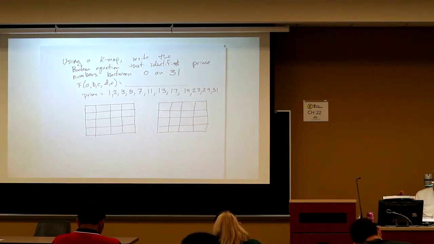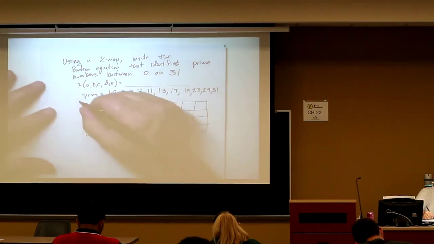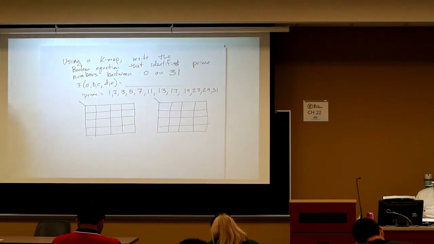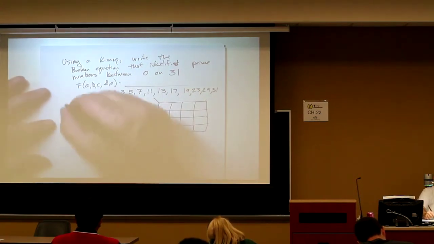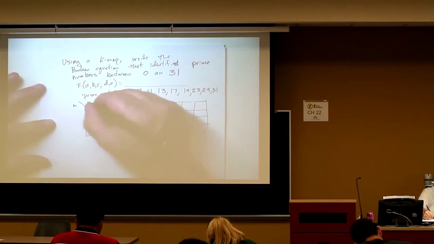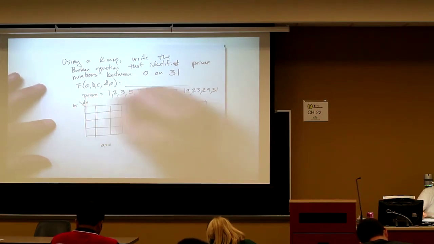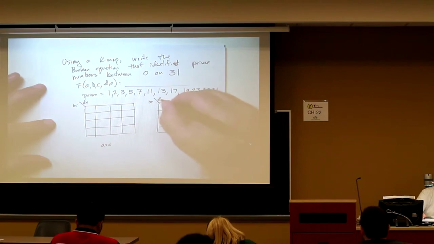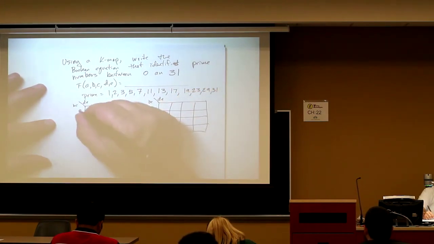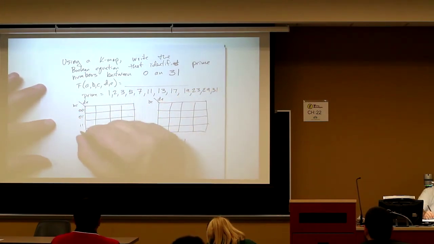And the thing to keep in mind is that this is associated with when A is equal to 0 and when A is equal to 1. Each of these columns will be for BC, DE, BC, DE.